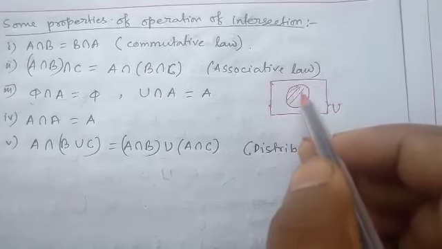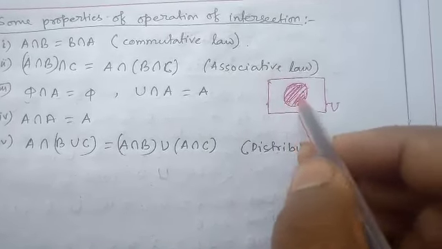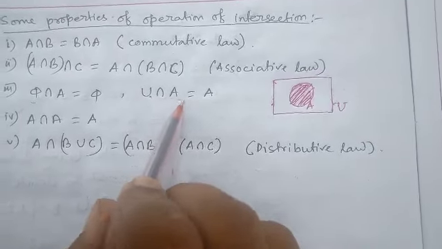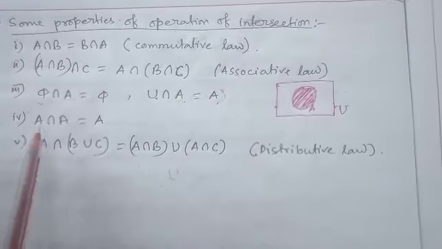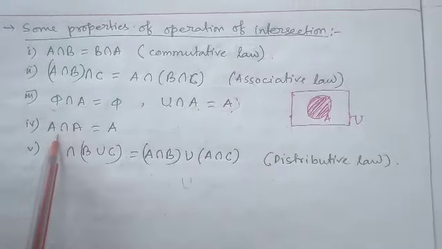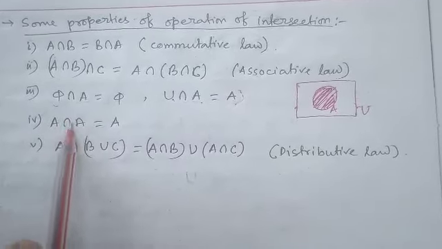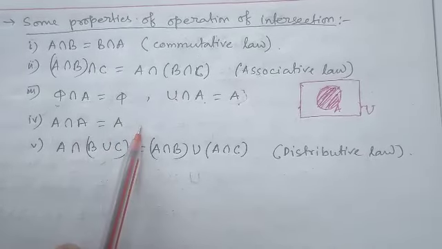Which is the common portion? The set A is the common portion. That is why the intersection of the universal set and any other set always gives that set A. And A intersection A, both are the same set. The common portion is that set itself. That is why it equals A. A intersection A equals A.